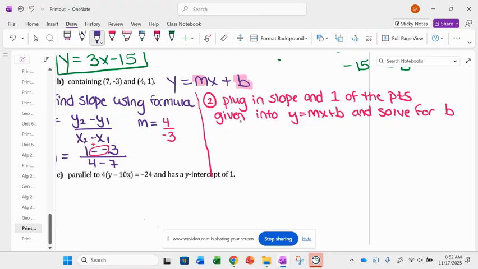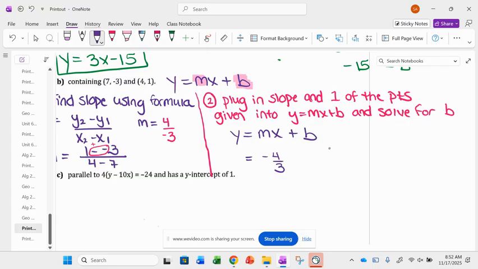Okay, so what do I mean by this? I mean we're going to take y equals mx plus b, and we just found the slope. What was the slope? Good. I'm just going to assign the negative to the numerator, so I'm going to say negative 4 over 3.